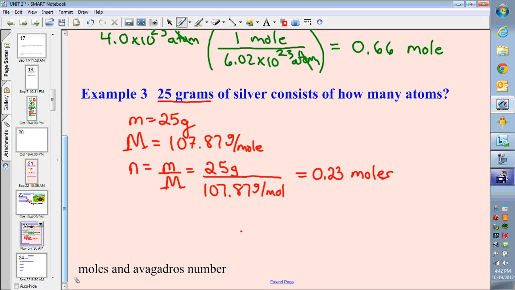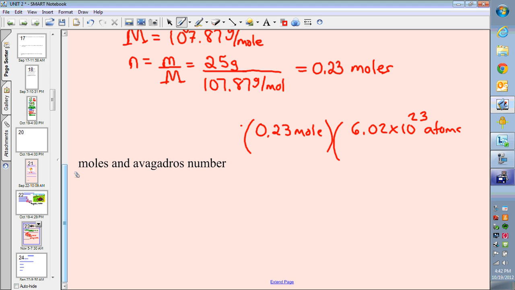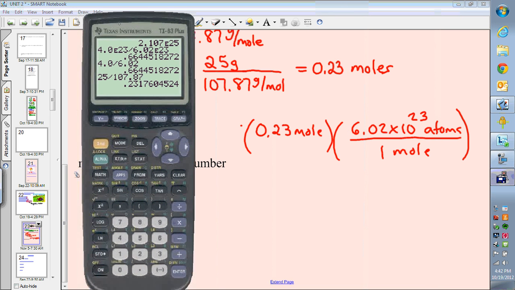Okay, so 0.23 moles. Now, just like in the first example, if you want to convert moles into a number of atoms, then we're going to take this number of moles, 0.23 moles, and multiply it by 6.02 times 10 to the 23 atoms per 1 mole. So by taking our answer and multiplying by 6.02 times 10 to the 23, it's going to give us the final answer to this question.